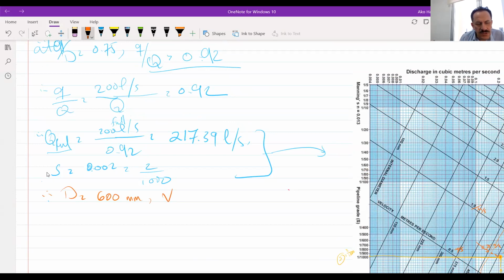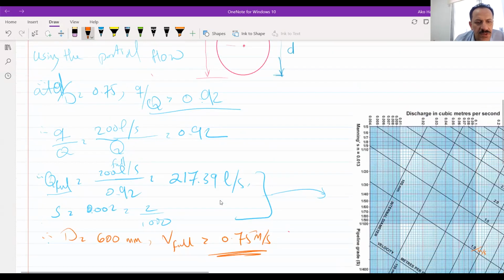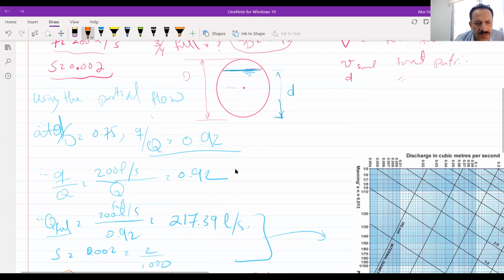And the V full, the velocity at full flow, will be 0.75 meter per second. But remember that we don't have full flow, we have a partial flow. It means that there is something else, v over capital V, because v is for the 200 liters per second, the existing one, and V full is for 217.